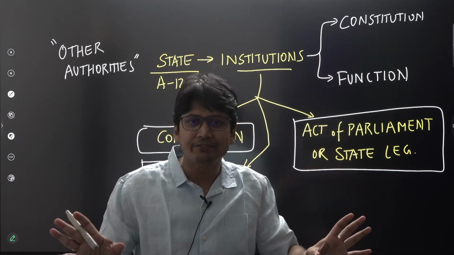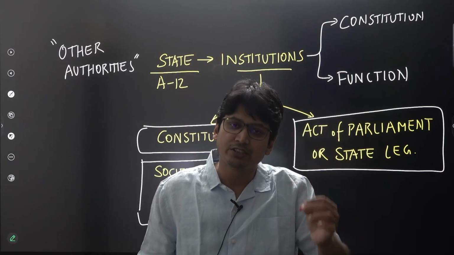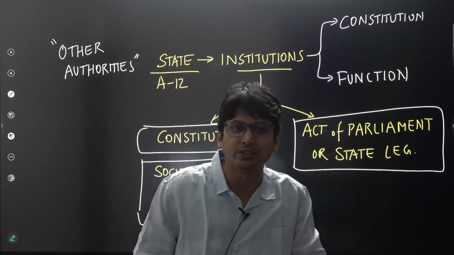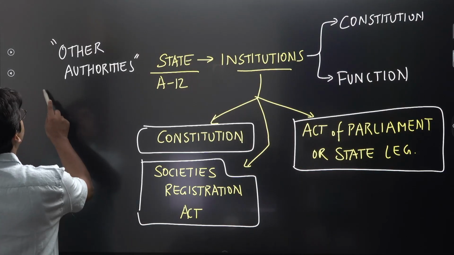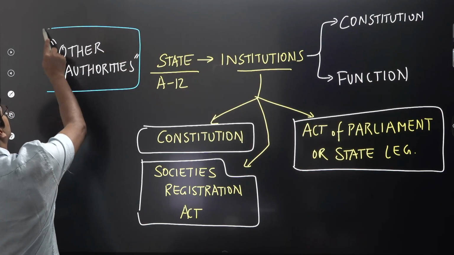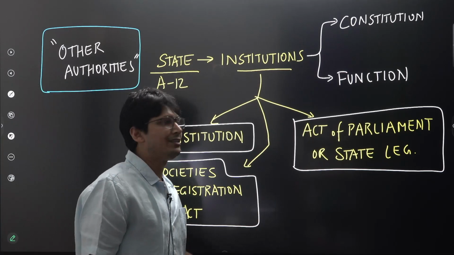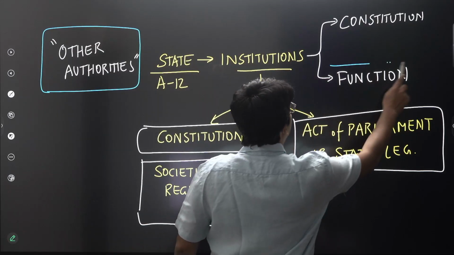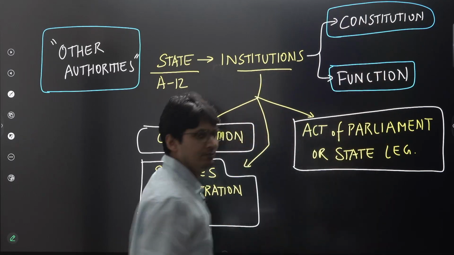So the rest of the definition in Article 12 has no problem. The only problem which the Supreme Court has encountered is with respect to understanding or providing a clarity with respect to definition of other authorities. And different type of tests have been applied to understand the functionality of that body and also the constitution of that body. Is this clear to all of you?